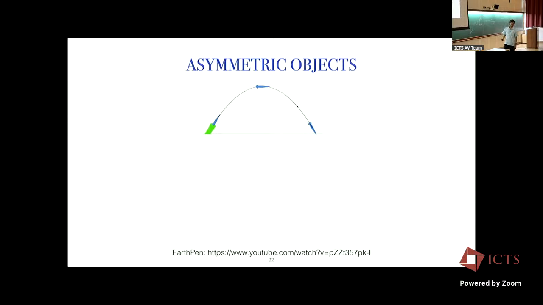Asymmetric objects, as I said, with rockets, we can clearly differentiate the forward motion versus a movie played backward. No doubt about it. So we have spherical balls. Yes, we can't differentiate forward motion and backward motion, but asymmetric objects we can.